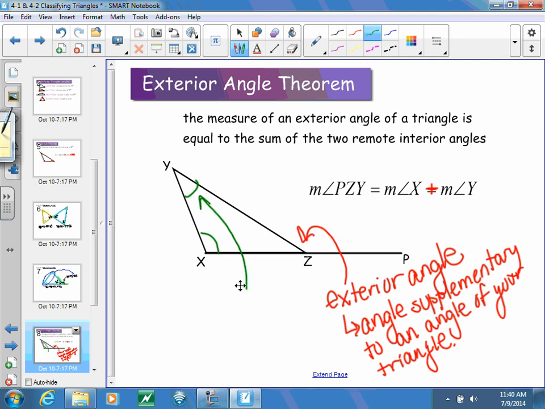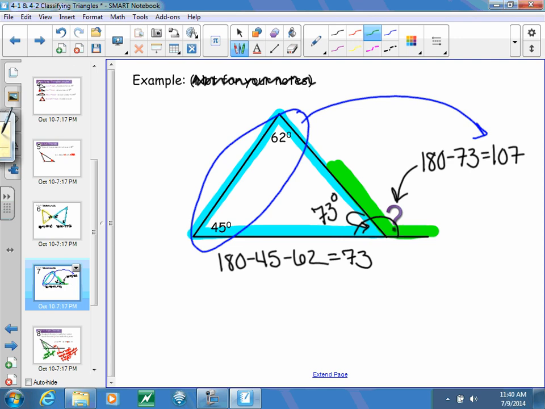So these two angles here are the remote interior angles. If we add these two together, it's going to equal our exterior angle. Now you have two choices. You can do this in a two-step process, finding the third angle and subtracting it from 180, or you can add the two and get the one if you want to.